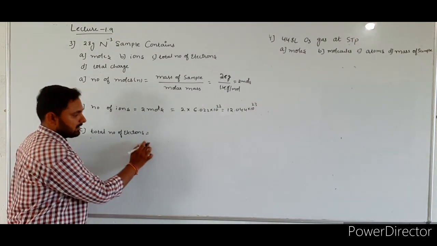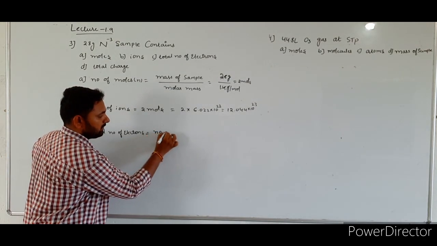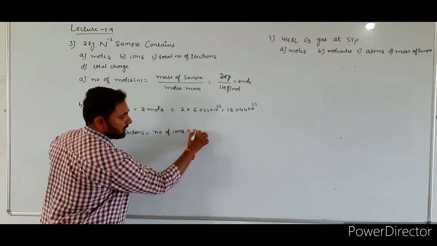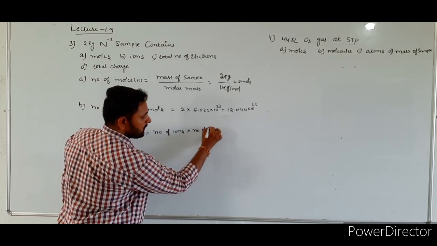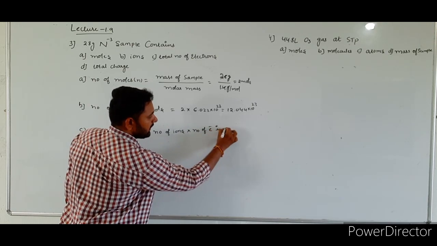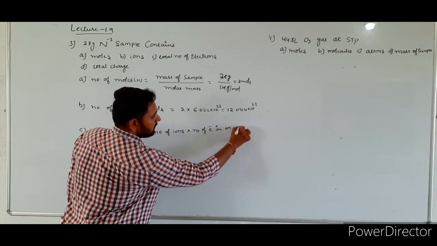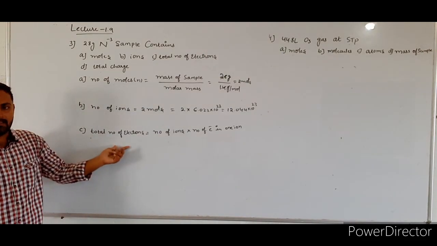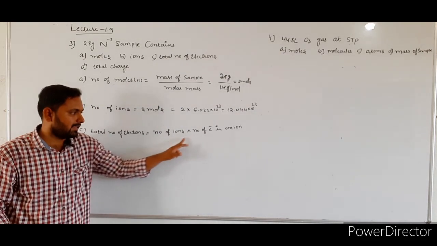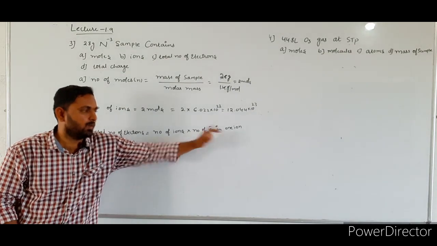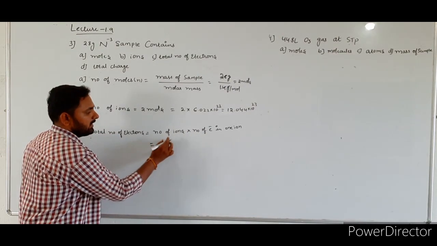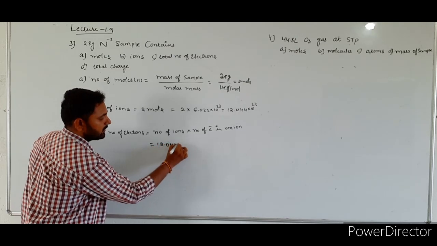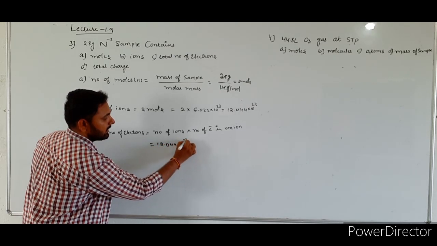Now, total number of electrons is equal to number of ions into number of electrons in one ion. Now, how many ions are there? There are 12.044 into 10 power 23 ions.